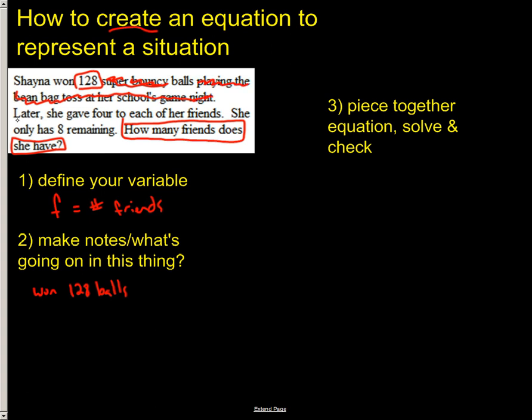Later, that's important, she gave four to each of her friends. Gave four to each friend. I apologize for my handwriting looking so awful. And then she only has eight remaining. So after she gave away four to each friend, she only has eight left.